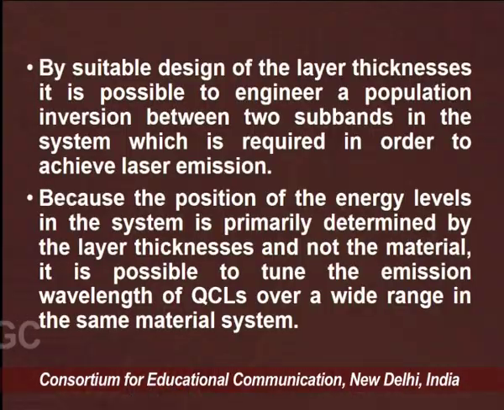As we have seen, there is a potential well and there are discrete electronic subbands. Now, by suitable design of the layer thickness, it is possible to engineer a population inversion between two subbands in the system, which is required in order to achieve laser emission.